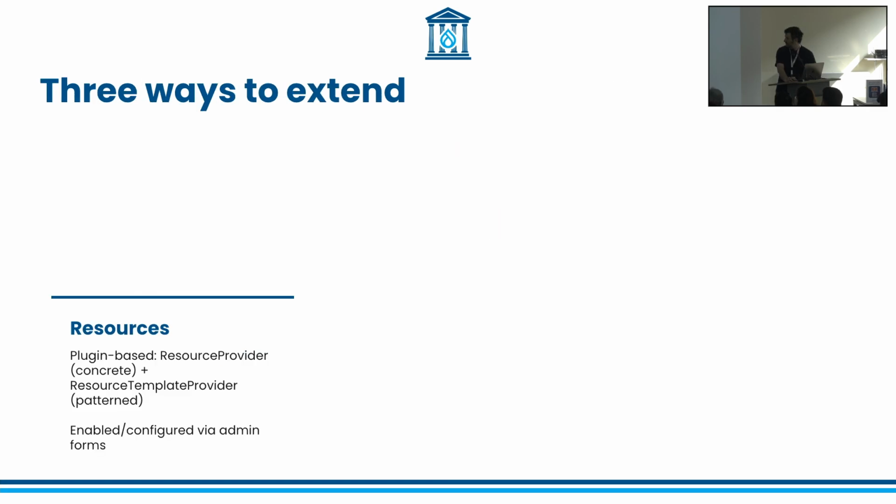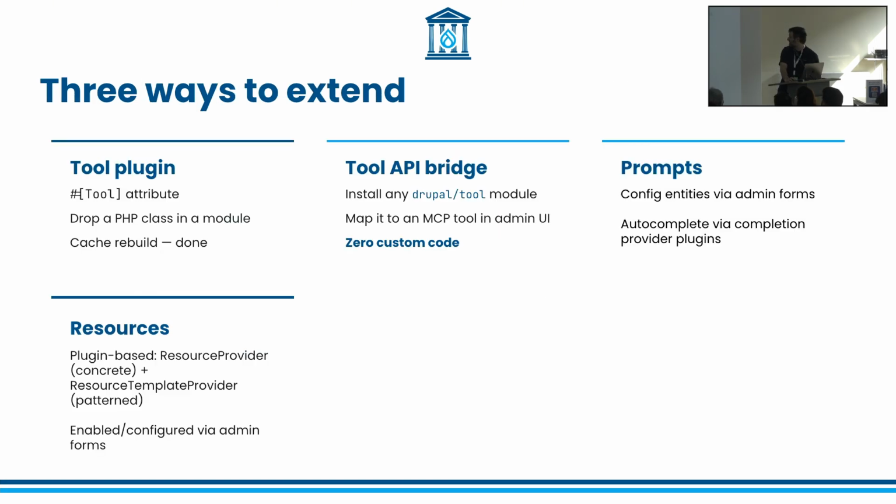Now, okay, I messed up with Google Slides. So we have four ways to extend it. There is the tool plugin, as I mentioned, and the tool plugin is important because with it it's possible to extend the core functionality, to extend the MCP module itself. You can use this tool attribute and define your plugin, define your tool.